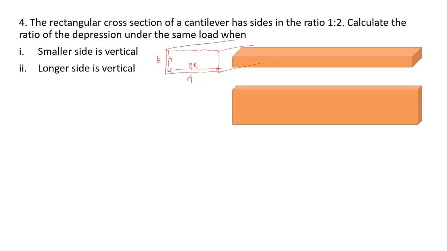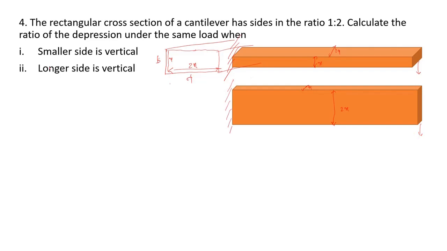So the question is, what will happen if this is x and this is 2x, and I hang a weight here by clamping this end, and also in the case where the beam is held with the 2x side vertical and the x side horizontal, and again I hang the same load by clamping the other end.